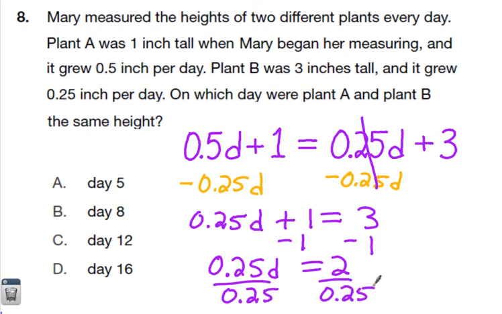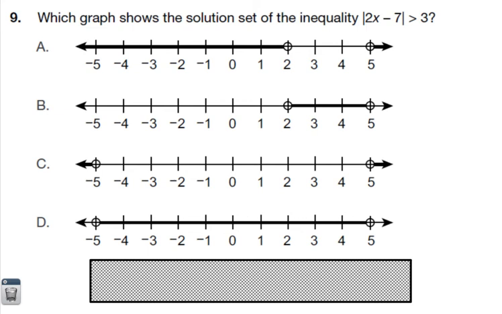And 2 divided by 0.25 should be 8. And again, before we move on to number 9, you could have done that by guessing and checking each answer, just making a day-by-day log, or doing it this fancy equation way.